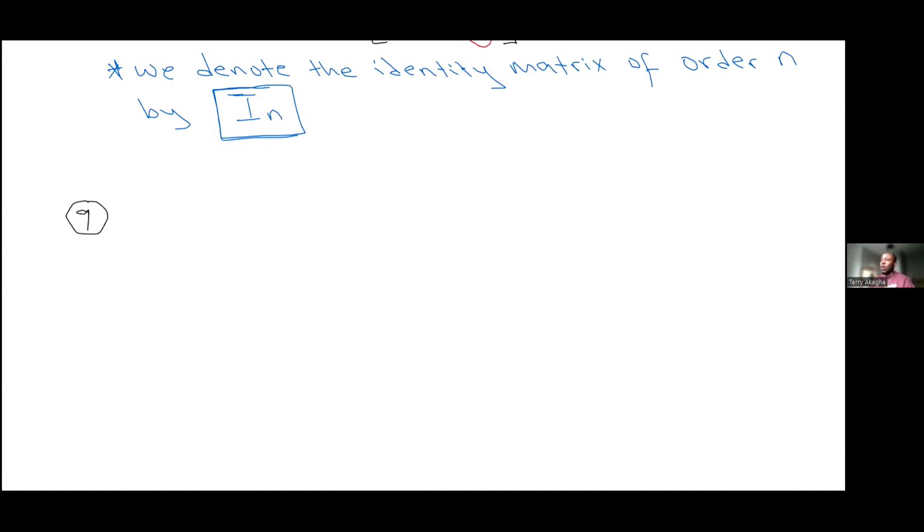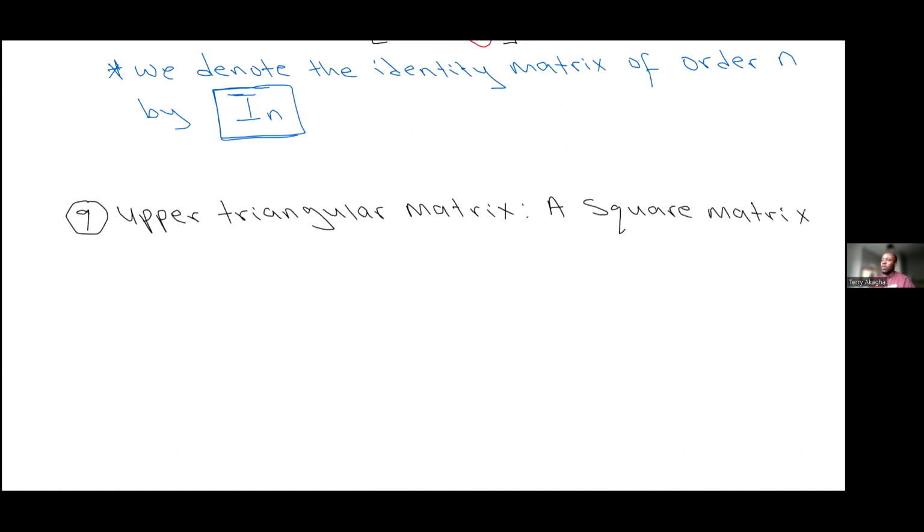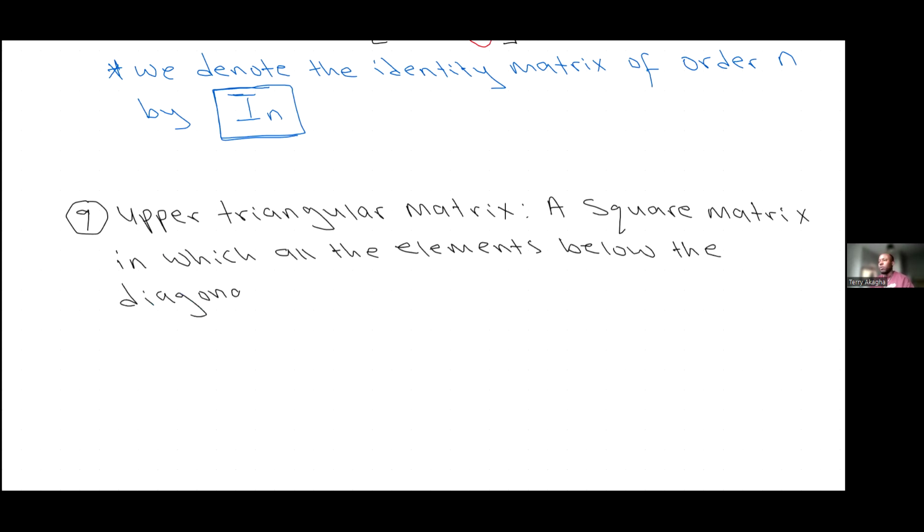So the next one is what we call the upper triangular matrix. It's a square matrix in which all the elements below the diagonal are 0.